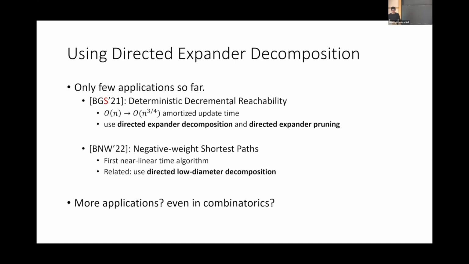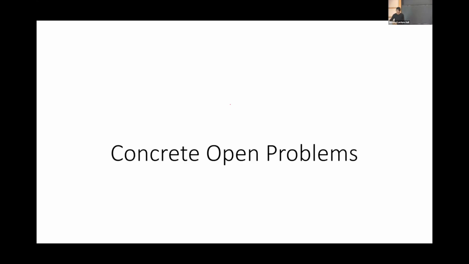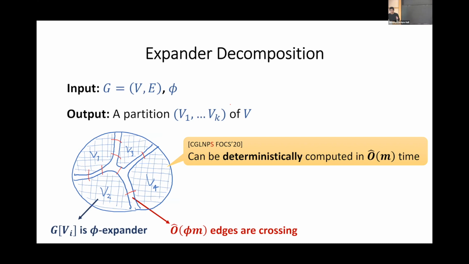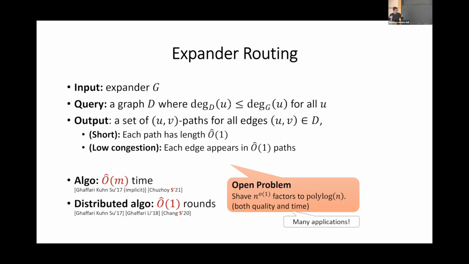There should be more applications for directed expander decomposition, even in combinatorics. I hope, for example, that finding nice structure in directed graphs using this might be useful. And the concrete open problem: expander routing and expander decomposition, both of them share this subpolynomial factor, and getting it to polylog would have a wide range of applications.